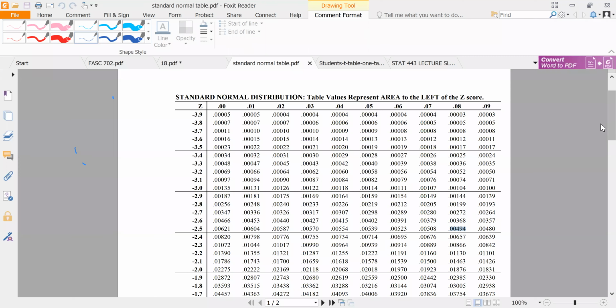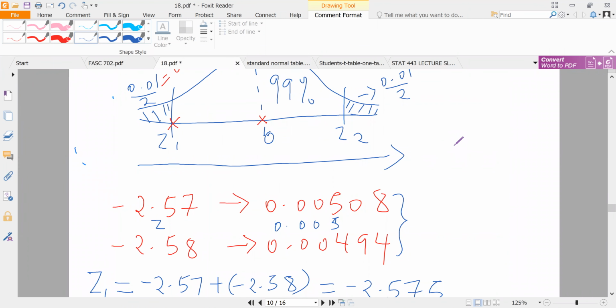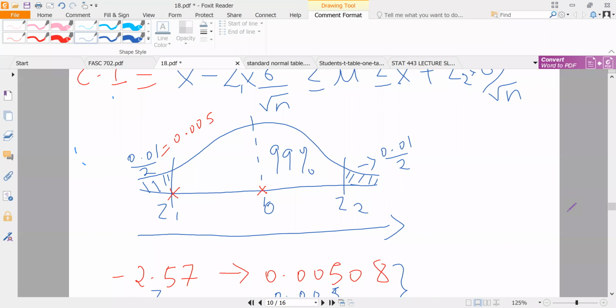Now, just to confirm the value of Z, remember that the accumulated probability up to the point where Z2 is, is 0.995.